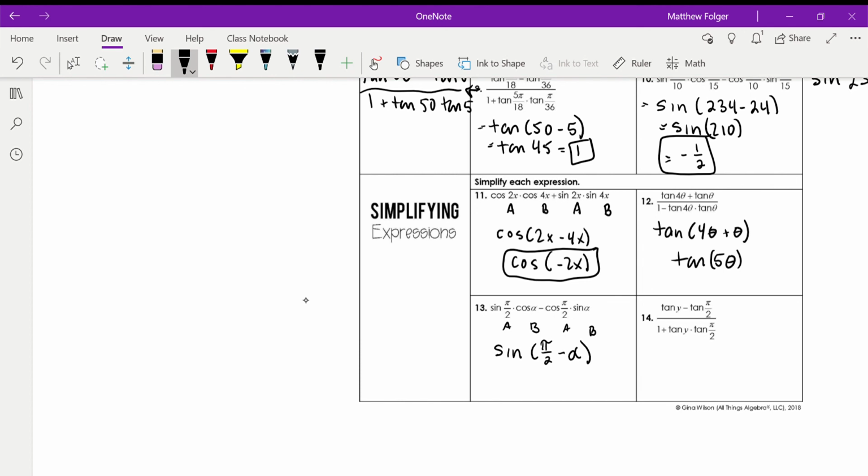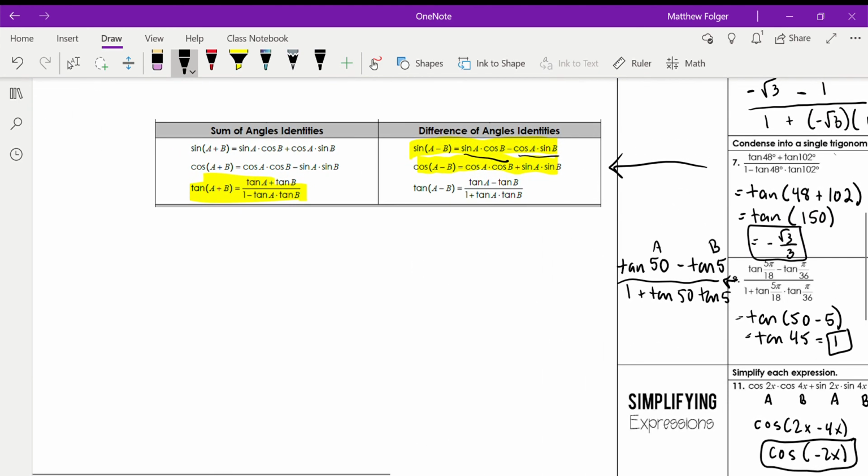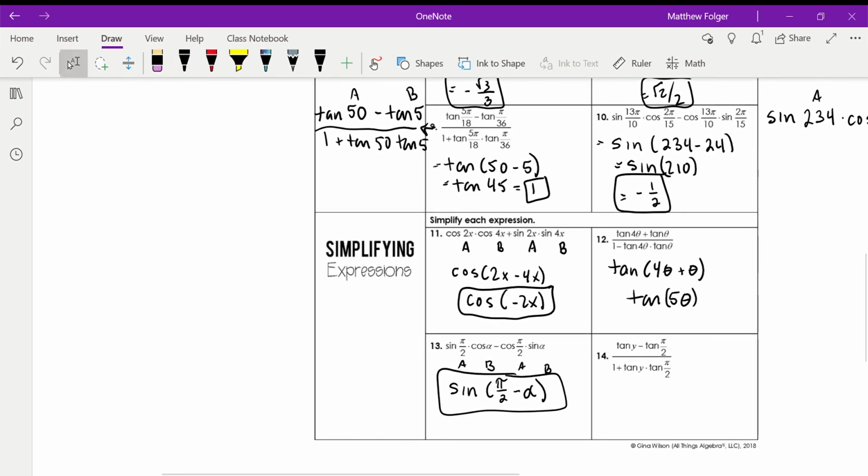Like I said, we will talk about where the next step comes from later on, but right now I just want to worry about the basics here. And then the last one is tan of A minus B, you'll notice. It's this one. So it's tan of y minus pi over 2.